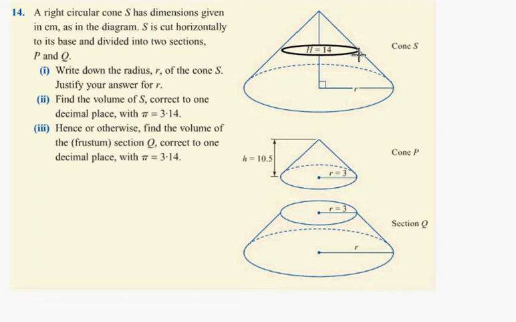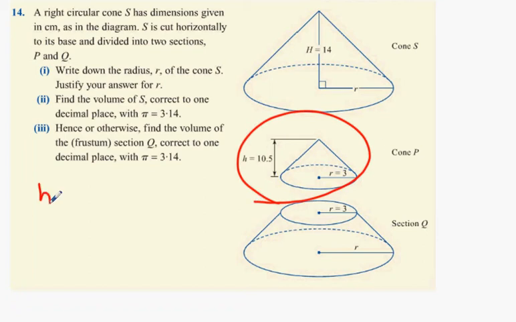So we can take the information from the small one. It has a height of 10.5 when the radius is 3. We've got to scale this one up to 14, and find out what the radius would be when the height is 14. Does everybody understand? It has to go up in proportion to each other.